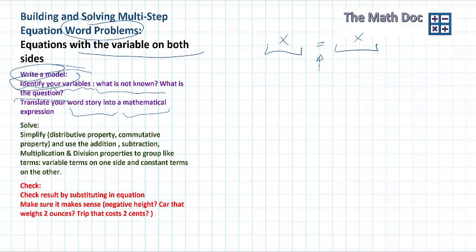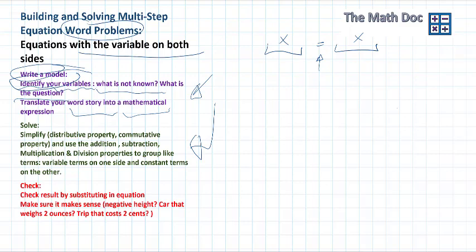Once we have that linear equation as our model, we can then go ahead and solve it. Like in the previous videos, we will simplify. We will use the addition, subtraction, multiplication, and division properties of equalities in order to group similar terms.